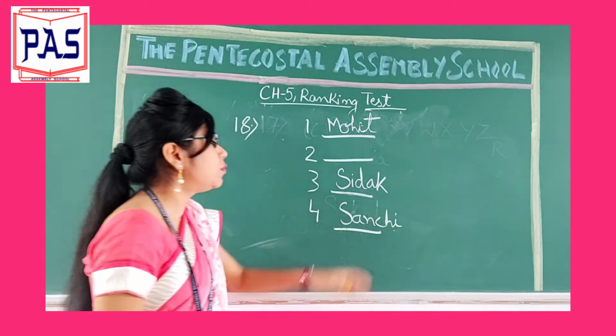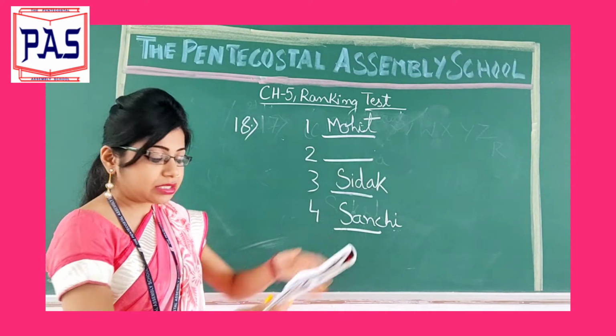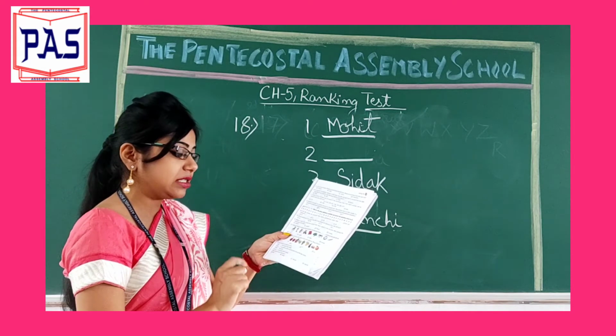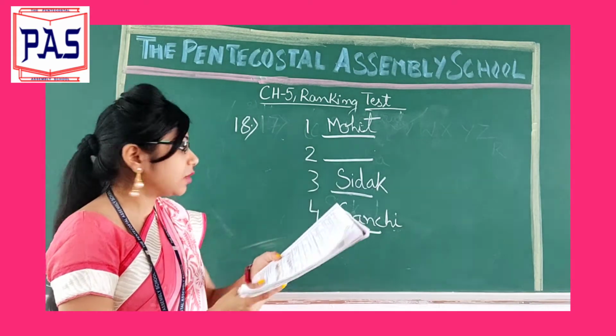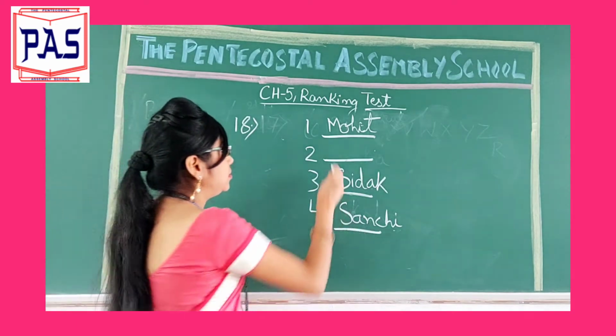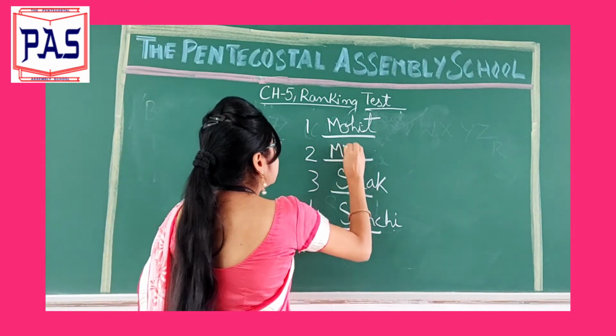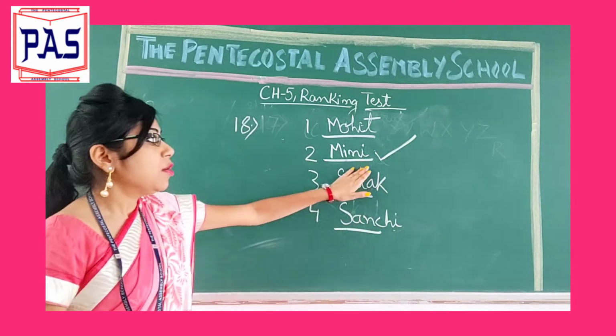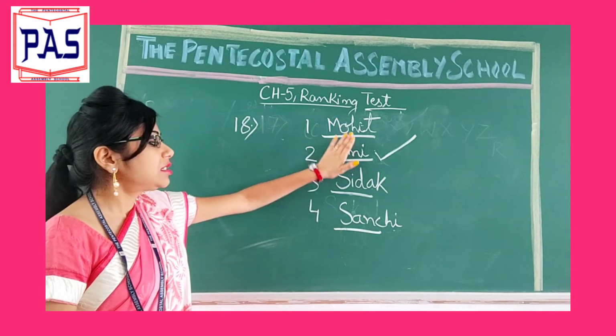Then who will come at second place? The question is asking who stood second in the race. So who is second? Minnie. Minnie is left only. So your answer will be Minnie. Mohit is first.